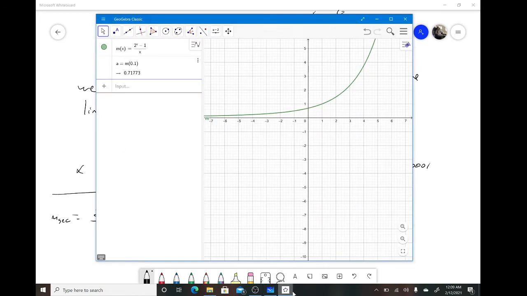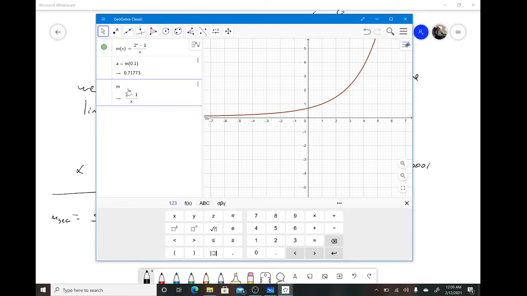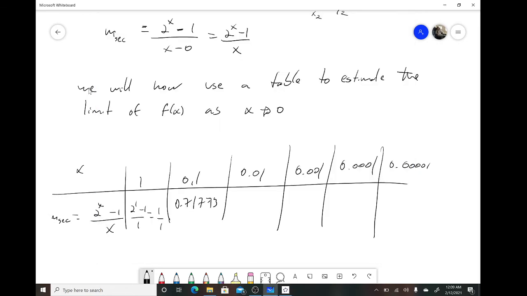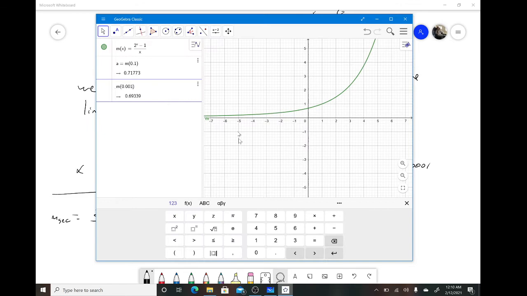For the next one, if we go out, m of 0.001, we now get 0.69339. The next one is going to be 0.001. Oh, that's the one that I just calculated actually.